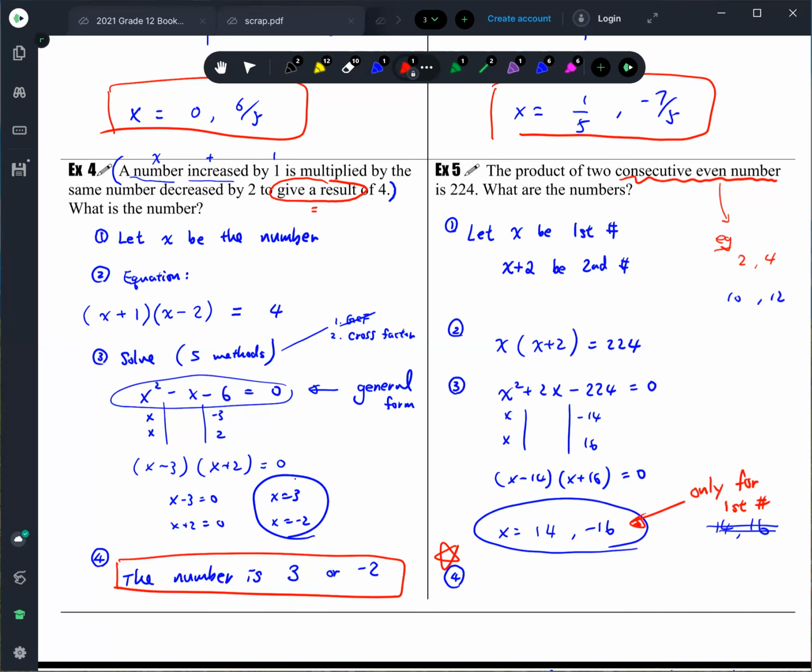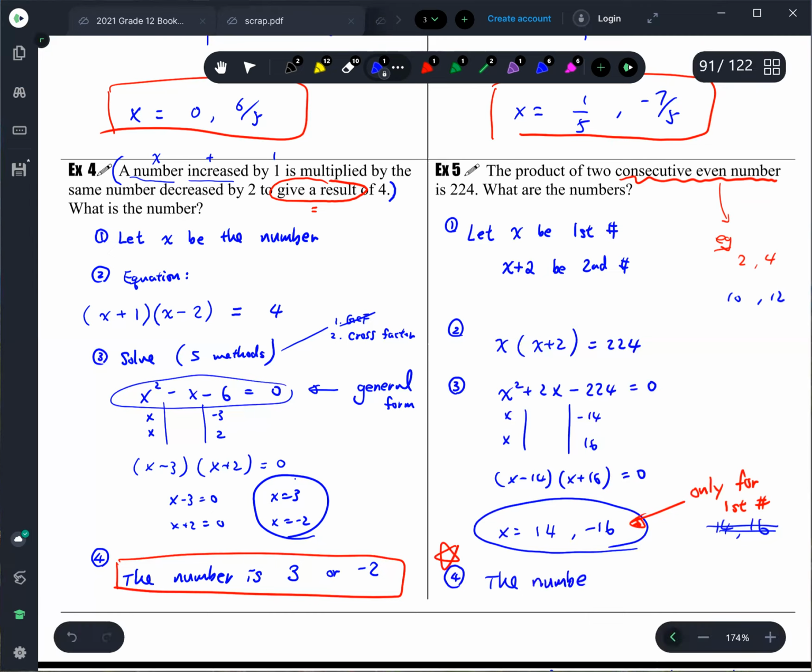So how do you get the second number then? If the first number is 14, what is the second number, Bernice? The 14 and negative 16, they are both the first number. Yeah, okay, so how do we find the second number? You add 2. Yes, okay. So if the first number is 14, what's the second number? 16.